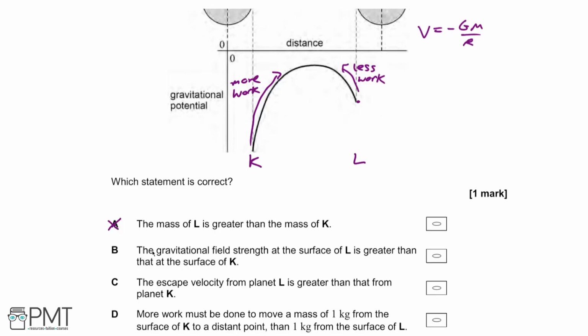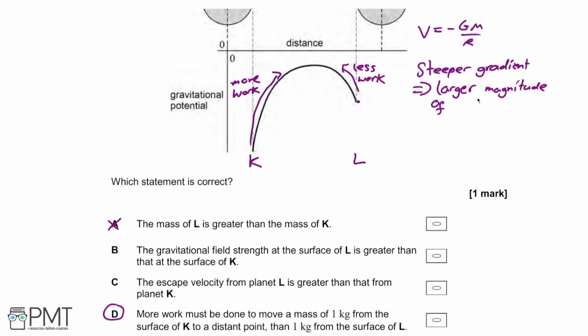For B, we have that the gravitational field strength at the surface of L is greater than that at the surface of K. Now, this is a little bit more subtle, but it comes from the gradient of the graph at K or L. Specifically, a steeper gradient implies a larger magnitude of gravitational field. This is an analogy to electric fields, where the electric field is the gradient of the potential.